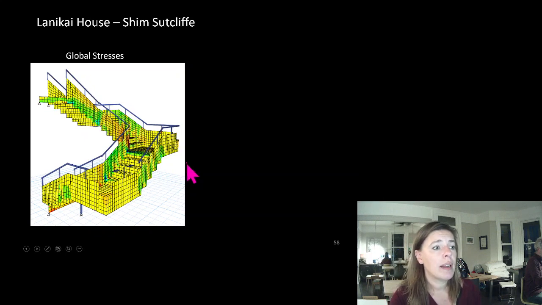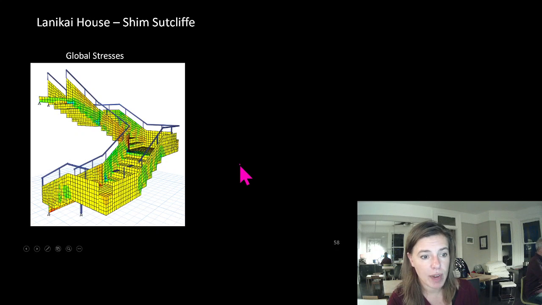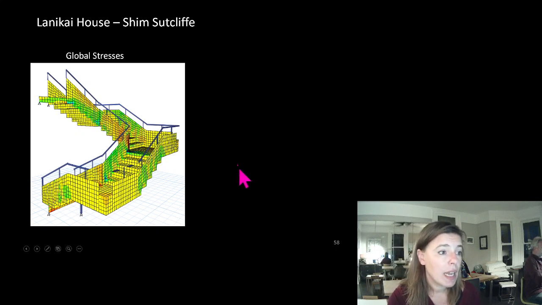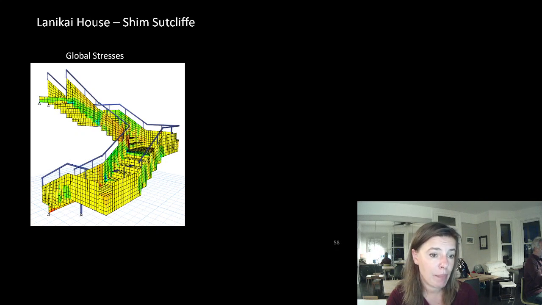With this one, we really cared about the internal stresses. So you don't usually break it down as a simple line analysis for this. Strength wise, as a stair, it wasn't so bad. Remember our steel stress is 345 MPa.